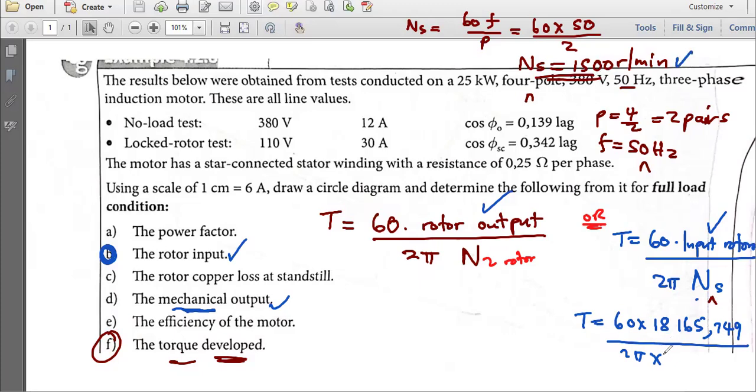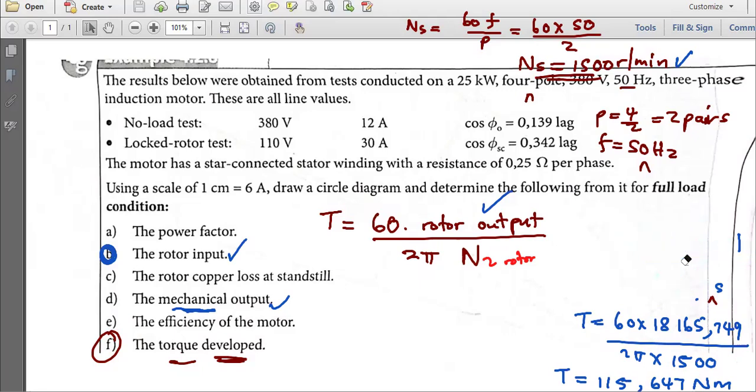Our synchronous speed, 1,500. So that was going to give us the torque. From this value, you're going to obtain 115,647 Newton meter. Remember, our torque is in Newton meter. So that is it.